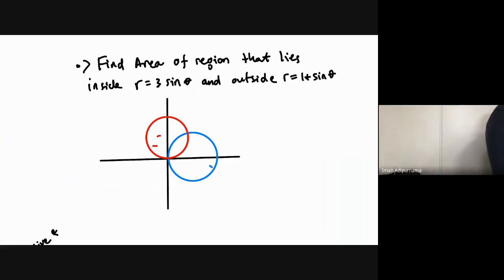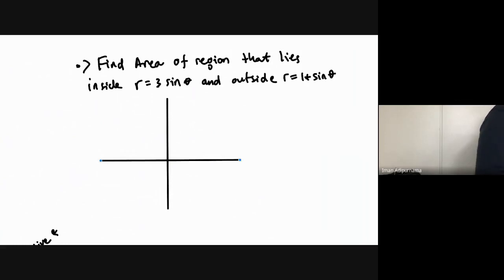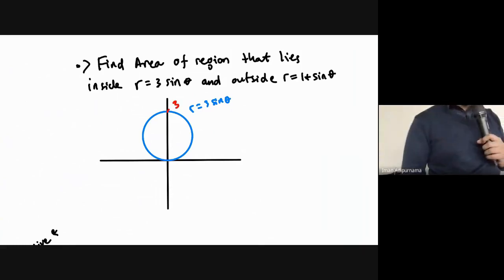Let me erase the board. So the circle will be here. Let me name this r equals 3 sine theta. So this will be 3, right? The radius.